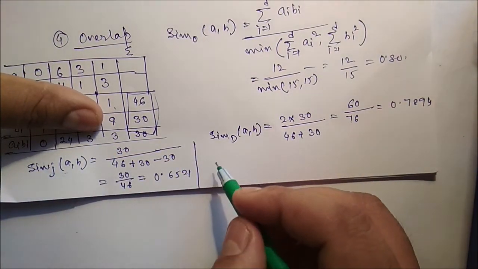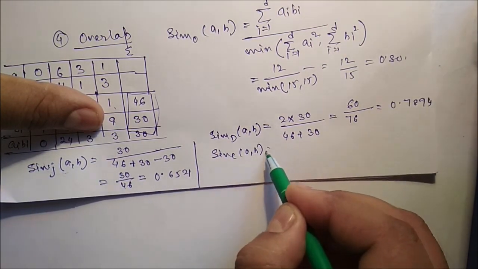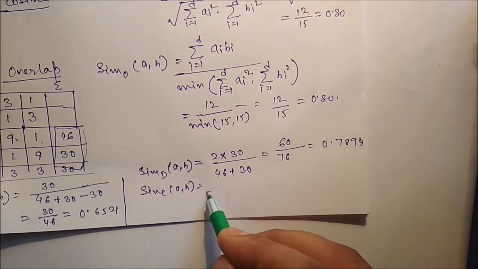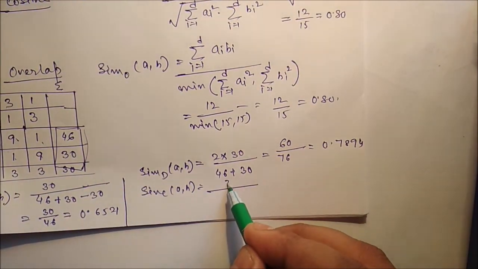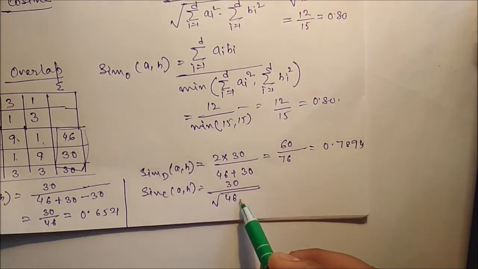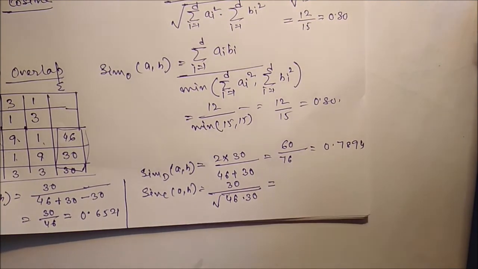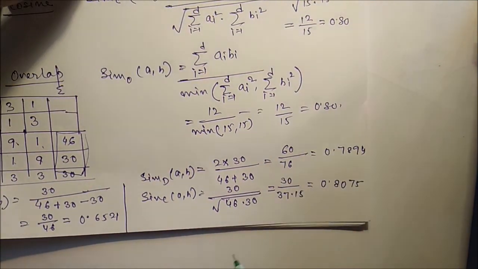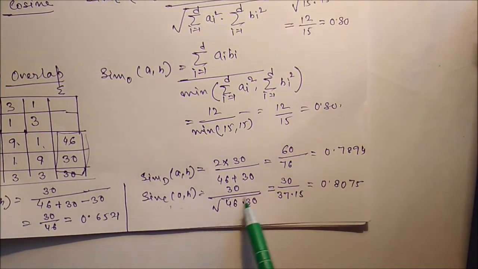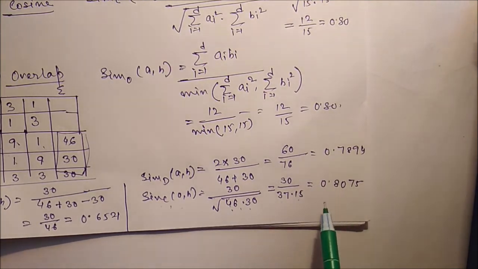Similarly for cosine between A and B, summation of AiBi, as you already know, is 30, divided by the square root of Ai square, that is 46, into Bi square, that is 30. So the similarity is 30 divided by the square root of 46 into 30, that is 30 by 37.50, which is 0.8075.